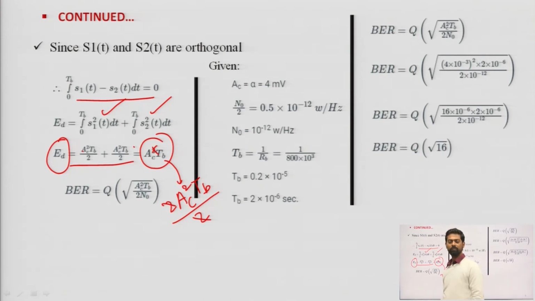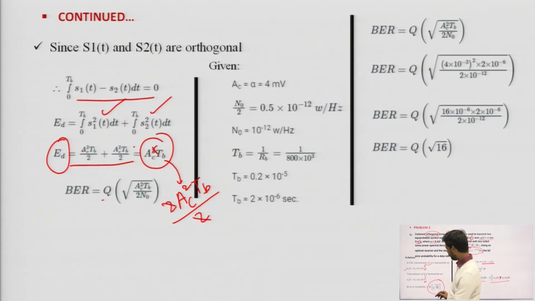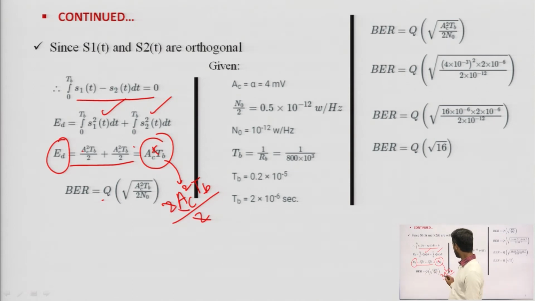Now I can find the bit error rate, that is Q of root Ed divided by 2 N0, where Ed is Ac square Tb, so root of Ac square Tb divided by 2 N0.